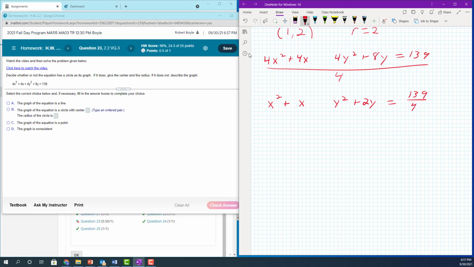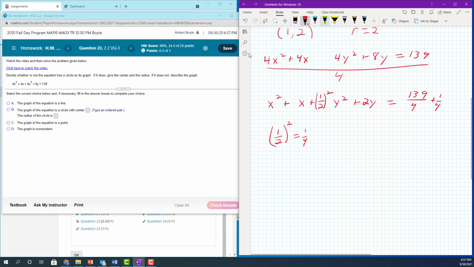All right. Now notice here we have a coefficient of 1 over here. Half of 1 is 1/2. And then if you square it, you get 1/4. So I want to add a 1/2 squared here, and I want to add a 1/4 here.